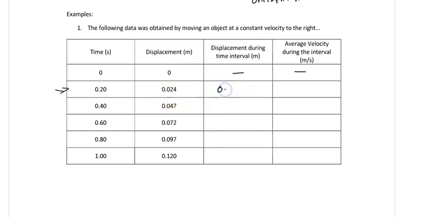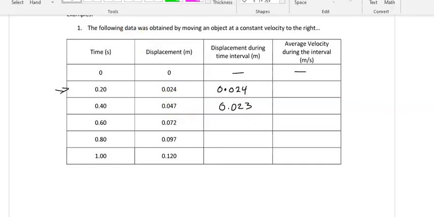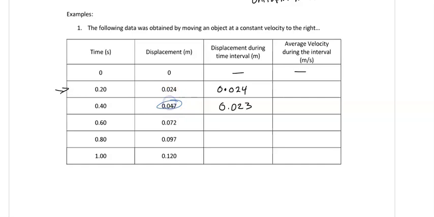So the displacement here is 0.024. The second one will be 0.023, and we're taking this displacement and subtracting this displacement in order to find the displacement for this one.